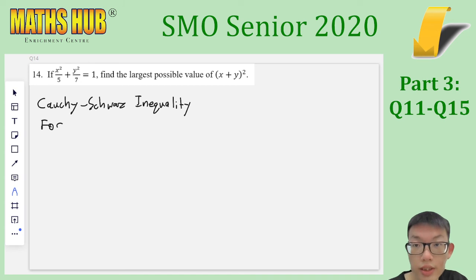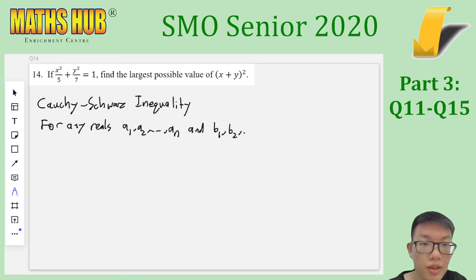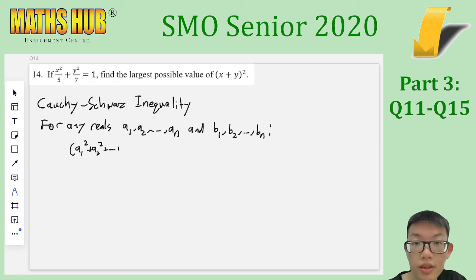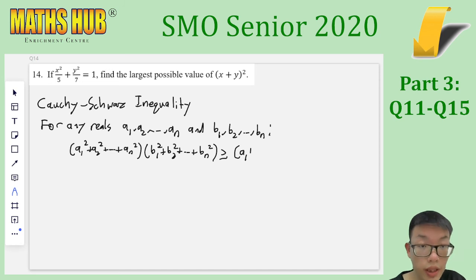So for any real numbers a1 to an and b1 to bn, if we calculate the sum of squares of a1 to an and multiply it to the sum of squares of b1 to bn, this is greater than or equal to a1 b1 plus a2 b2 until an bn, squared.